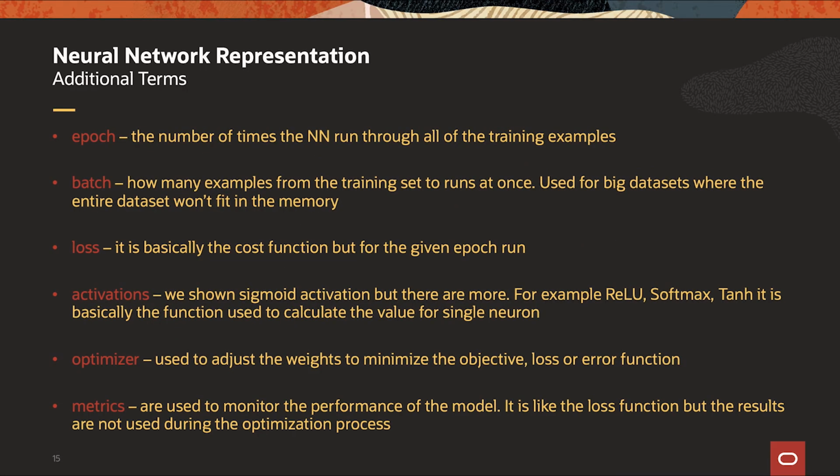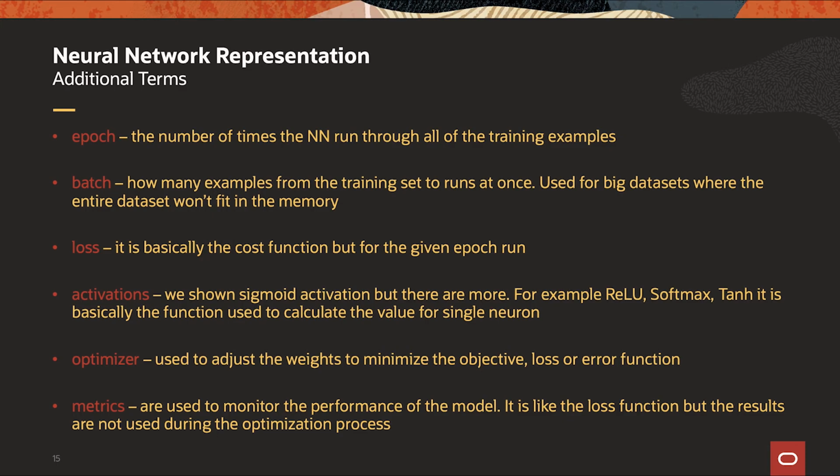Additionally, there are some terms that are important to know when working with neural networks. For example, epoch, which is the number of times the neural network runs through all the training examples. And batch and epoch are important to know together because in many cases the training set is going to be too big to fit in one pass.